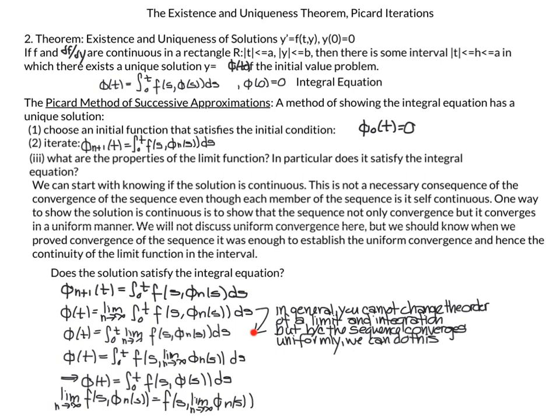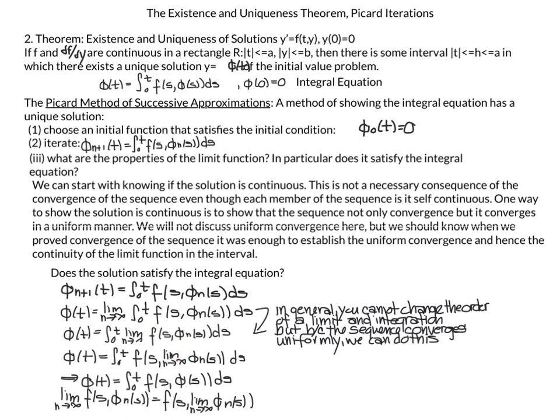So in other words, take my word for it. But don't do this in general. Don't think because I've done this here, you can generally do it. But let's move the limit inside. So it's this phi n that is dependent on n, so we move the limit over to the phi n of s. So we have phi of t equal to the integral from 0 to t of f of s, and then our limit here is what this converges to, which is phi of s ds.